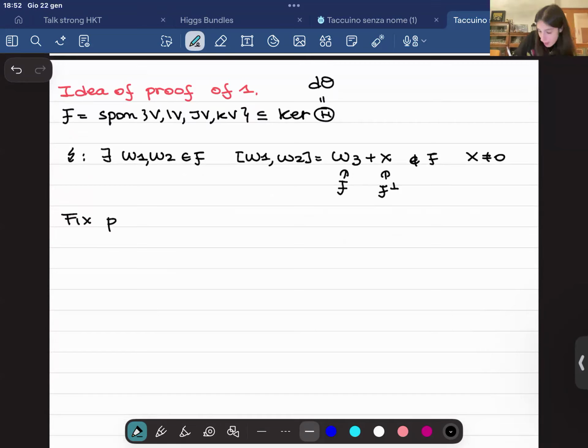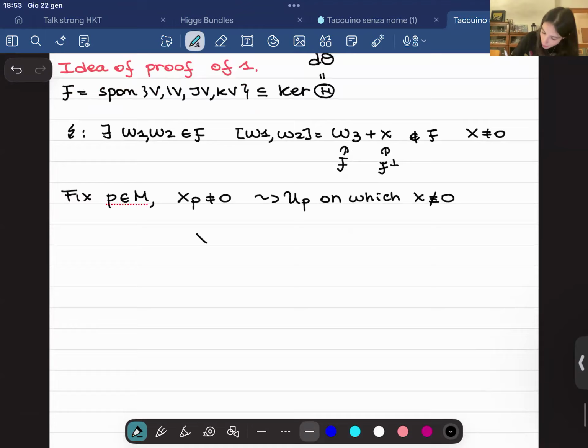Then if X is different from 0, we can pick a point P in my manifold for which X_P is non-zero, and then of course I can find a neighborhood on which X is non-zero. But now I can write X, by this expression here, as the bracket of W1 and W2 minus W3.